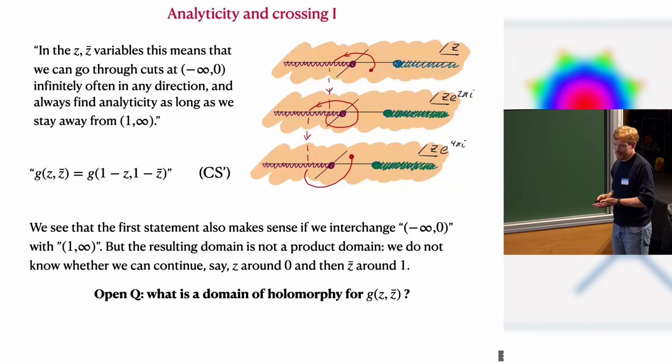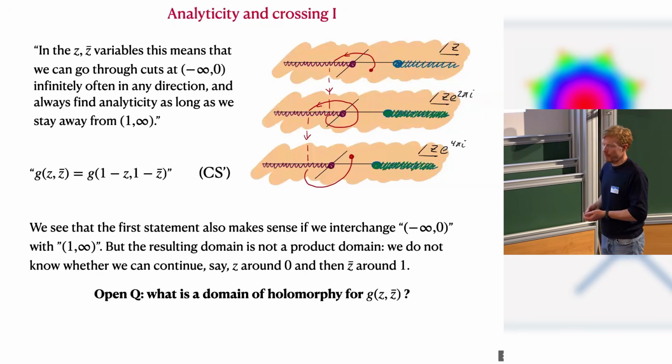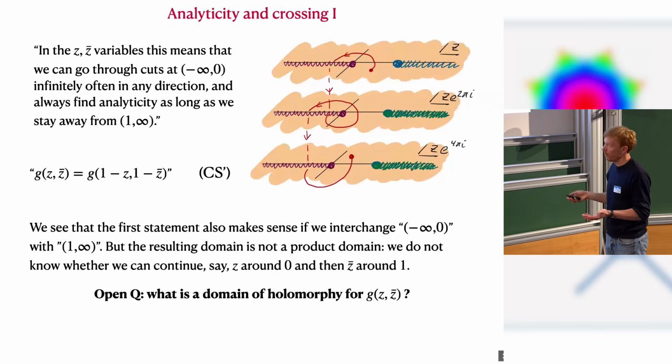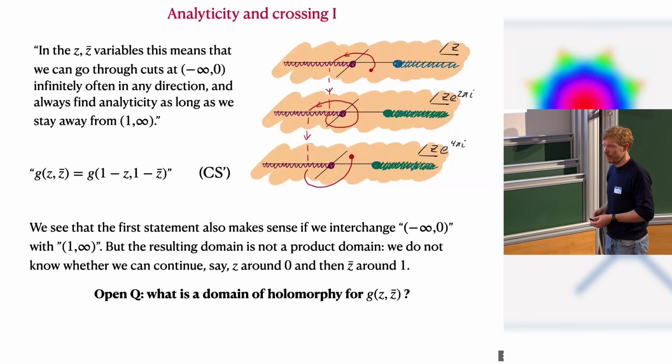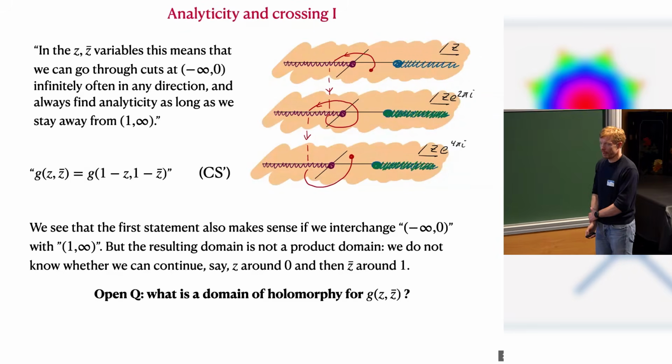Now you take the union of those things in a way, but then you still have to see if that's the domain of holomorphy, and if not, which we claim it's not, then you should ask what's the biggest domain in C2, or some branch cover of C2, where I have analyticity.